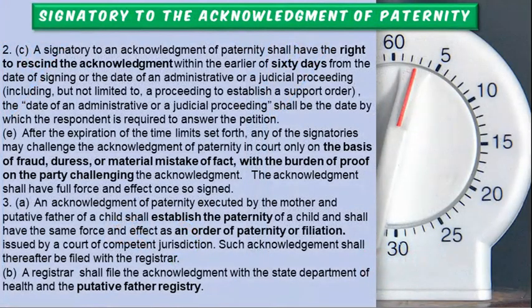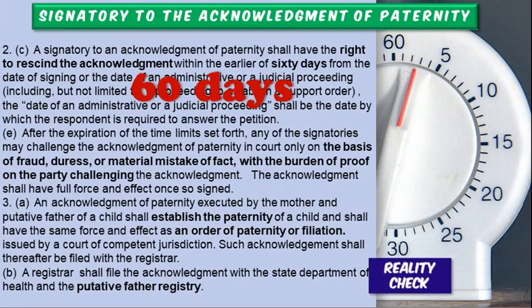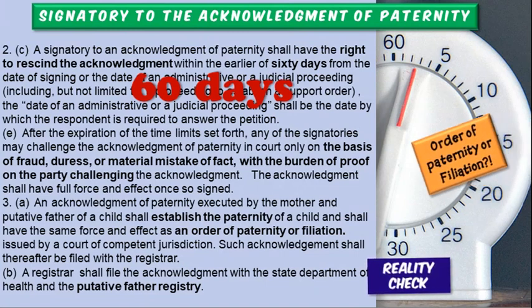So just as a recap, when you sign the acknowledgement of paternity form, here are some of the outcomes. One, you had 60 days in which to rescind or revoke or reverse the order. That is, you don't want to be a part of it anymore, or you simply do not want your signature on that document.